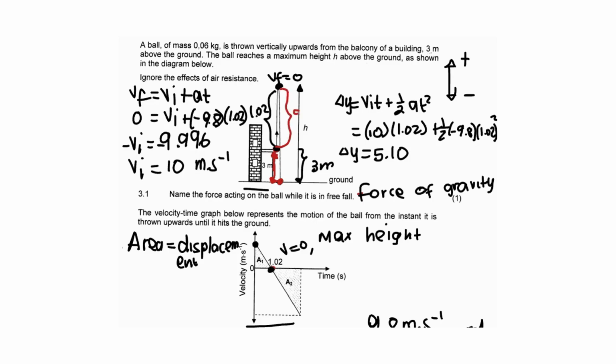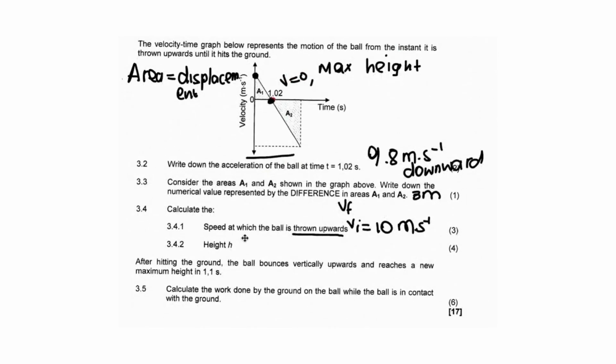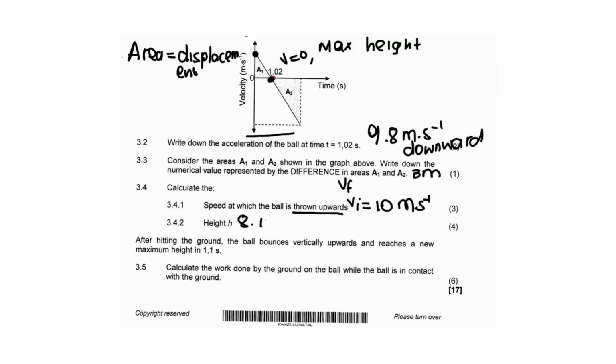It gave me 5,10, but because we are looking for the distance from the ground, I'm going to add the 3 plus 3, and that's going to be 8,10 meters. So it means h is 8,10 meters. I hope you're still with me.